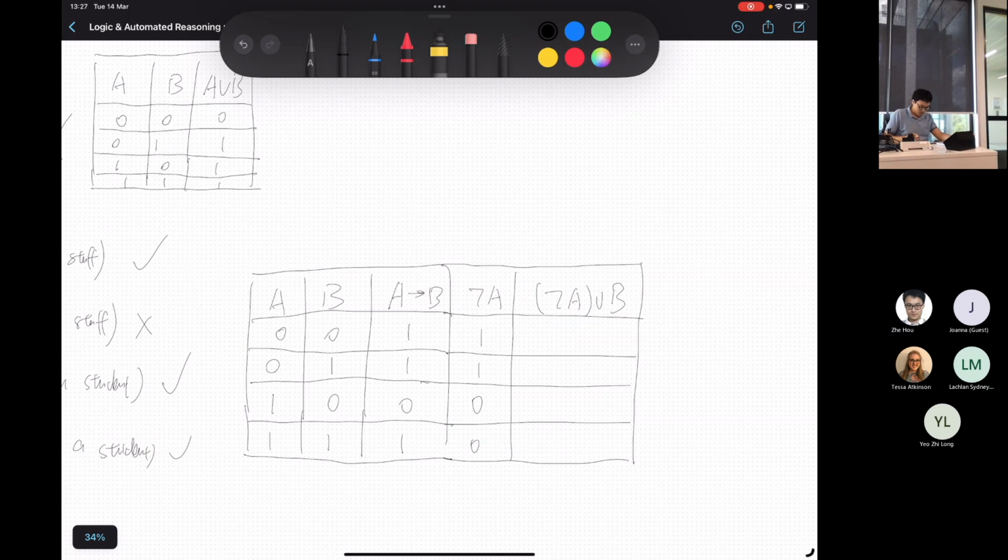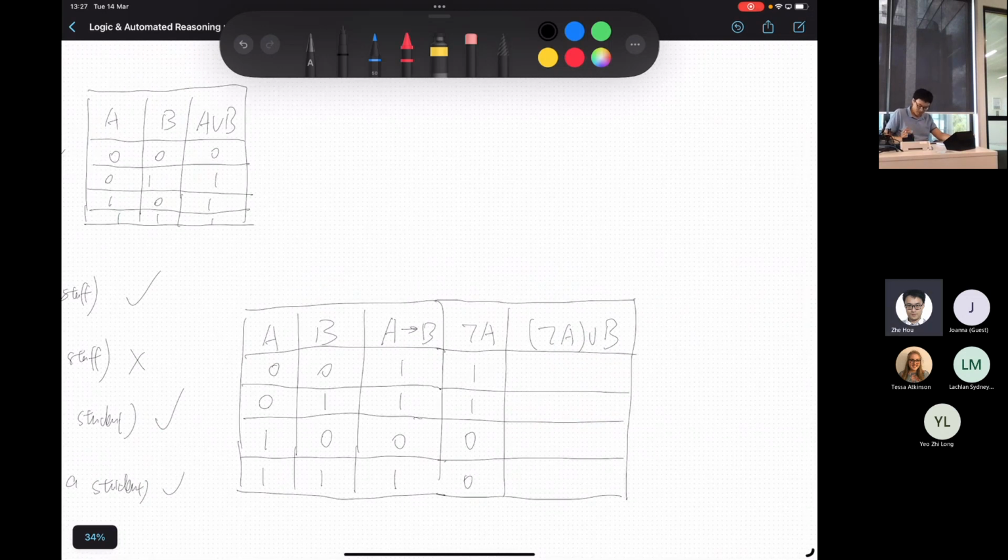Now, we need to look at the last column, not A or B. The left-hand side is 1, and the right-hand side is 0. What you get is true, you get 1. The second row is the same. If one of them is 1, then you get 1.